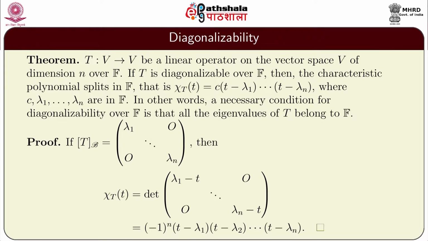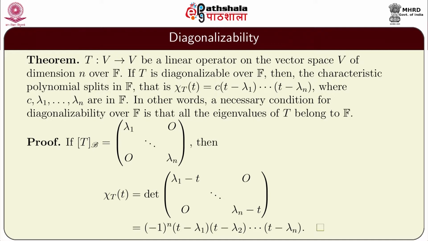Proof: given that T is diagonalizable over F, there exists an eigenbasis B for V such that the matrix representation of T with respect to the eigenbasis B is the diagonal matrix with diagonal entries lambda_1, lambda_2 etcetera up to lambda_n.